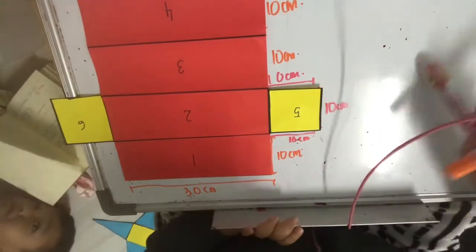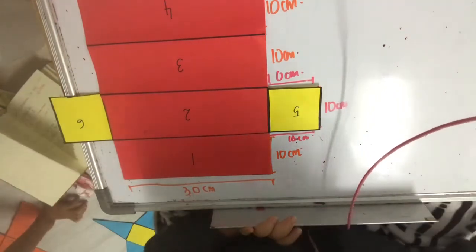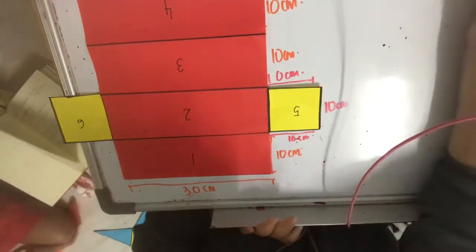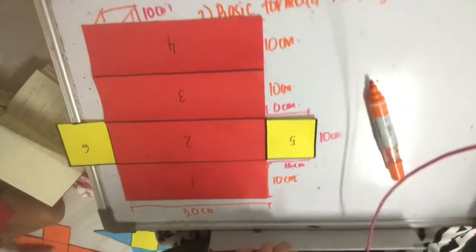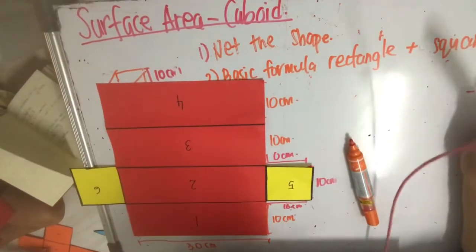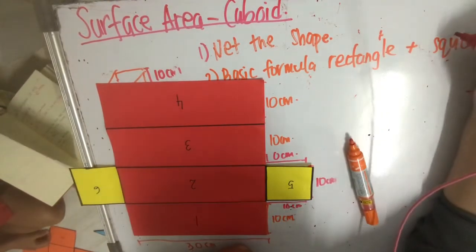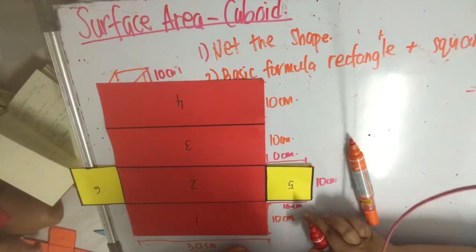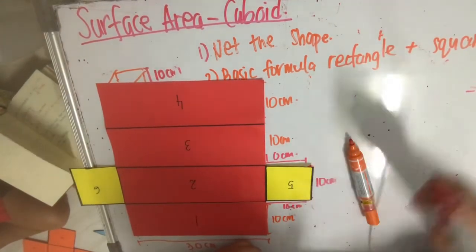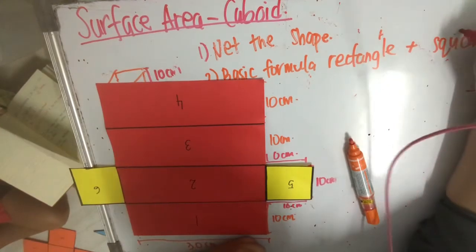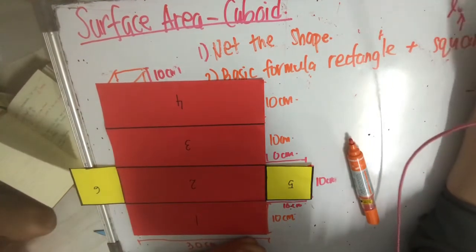The basic formula for rectangle and square is not the same, it's similar. If it's a square, it will be the length times the width.